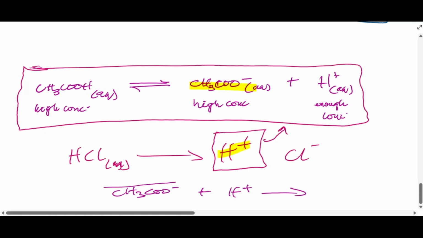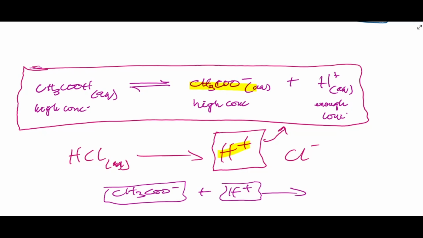This CH3COO minus is from the high amount that we have, and this H plus is the new H plus that we are introducing from hydrochloric acid. So when the ethanoate ion reacts with the hydrogen ion, the pH of that solution will not reduce, because what will reduce the pH is this extra hydrogen ion that we're adding to it.